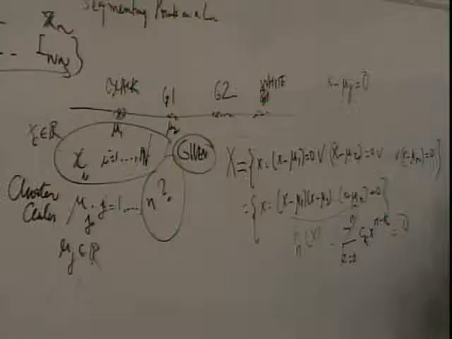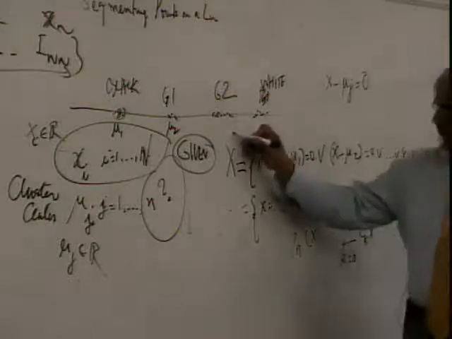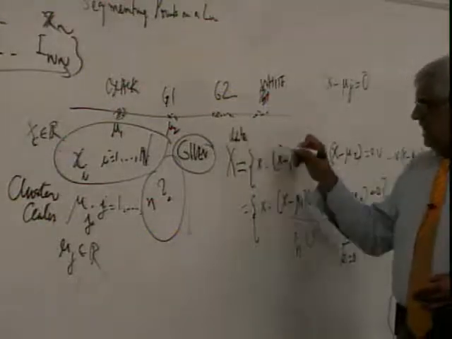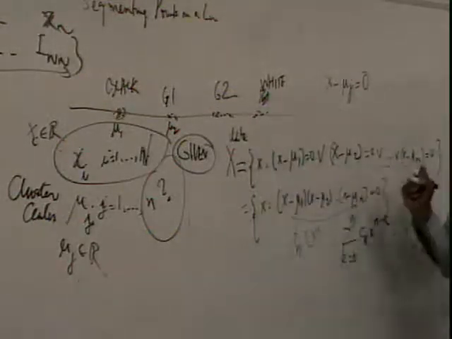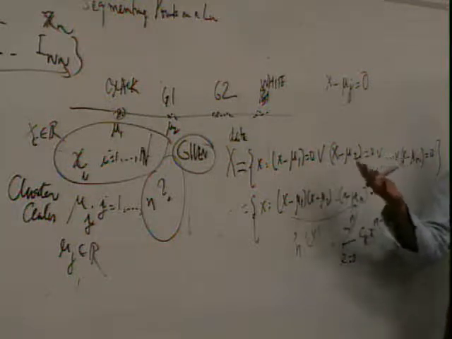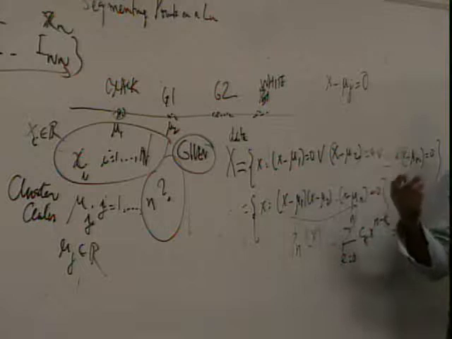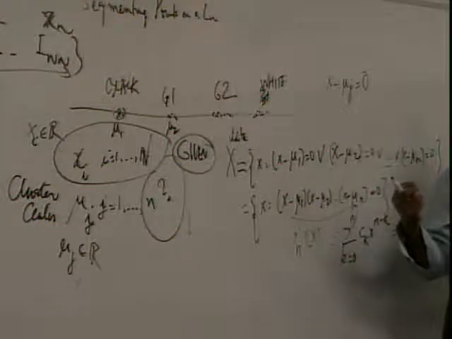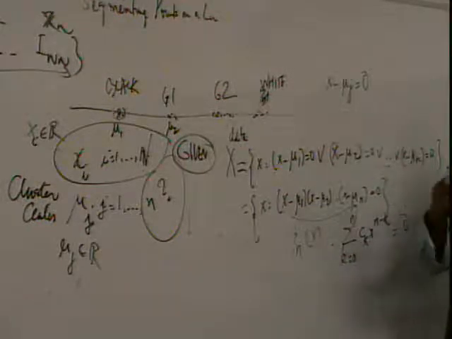So capital X is the data. This is the algebraic description of the data, and I'm writing it out in symbolic form with little x as the algebraic variable. Are we saying that the individual clusters?